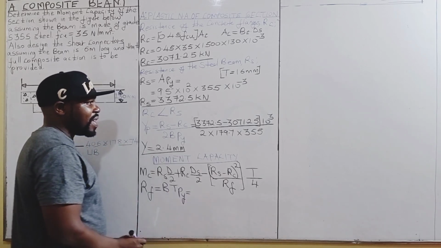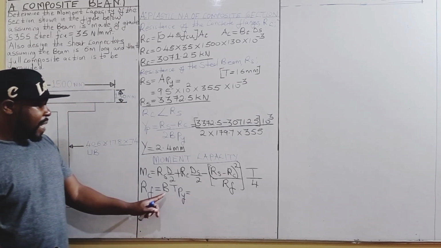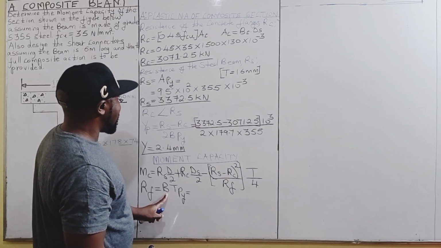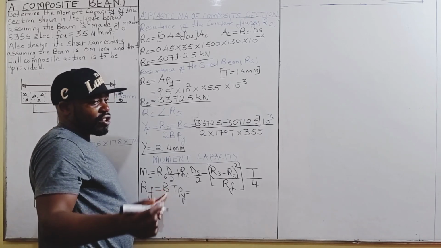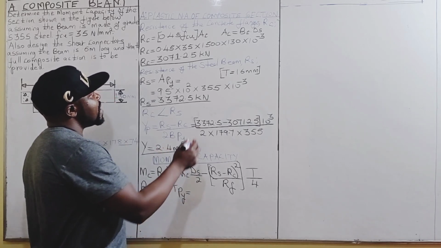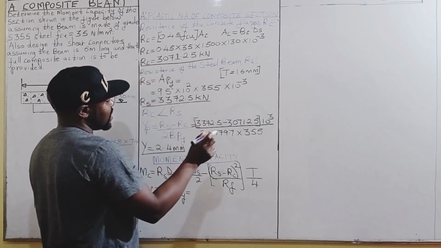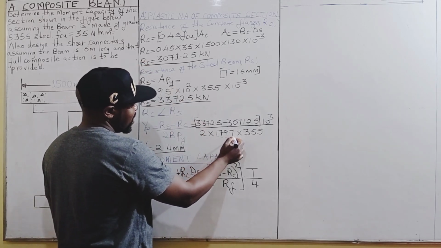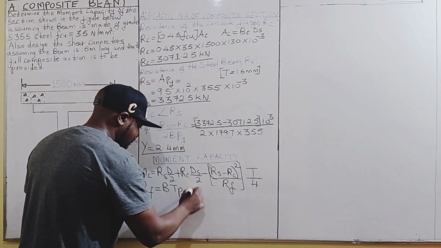This is going to be equal to B, the breadth, that is the width of the steel section from appendix B. We had it somewhere, that is 179.7 millimeters.